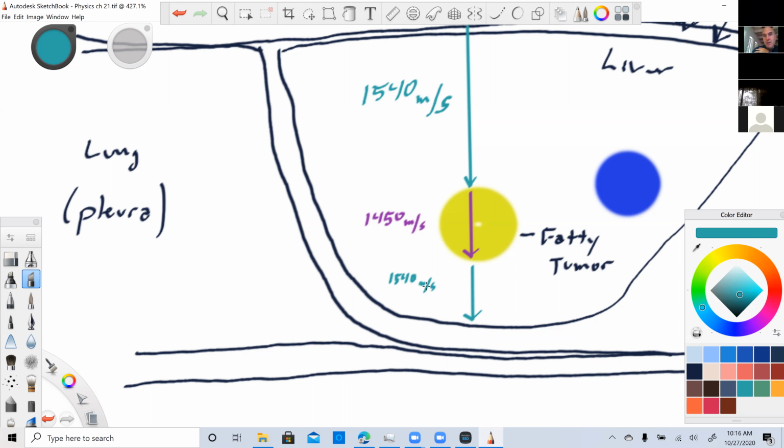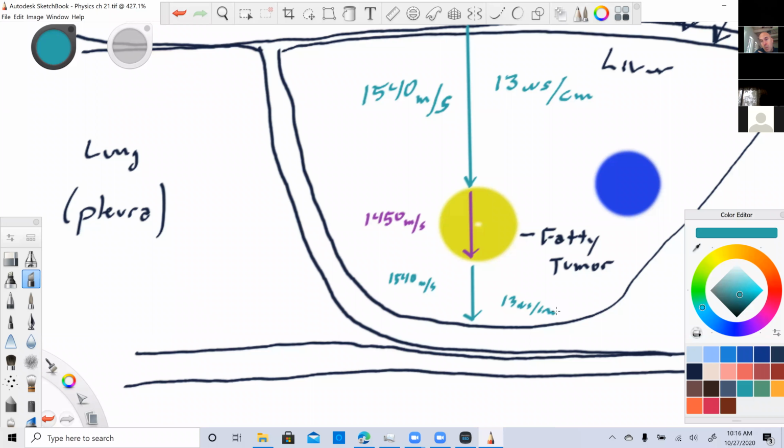Remember, we're saying 13 microseconds per centimeter. And down here is 13 microseconds per centimeter.